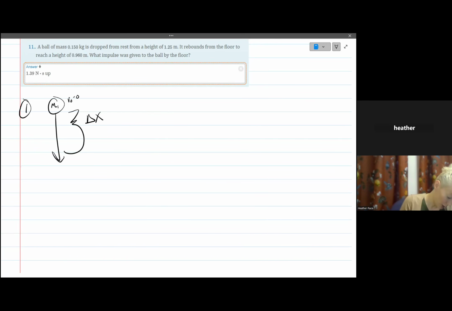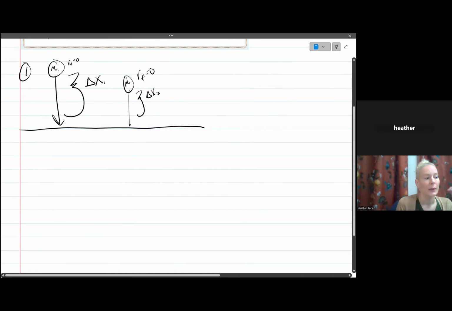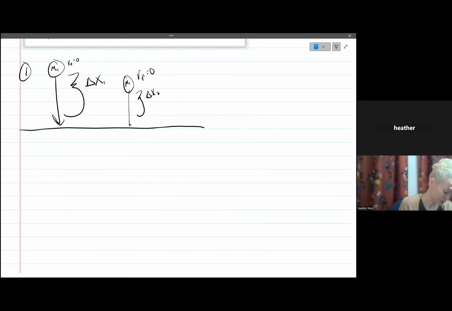So we have that, we have a ground, and then the ball bounces back up with a delta x. We'll call this 1 and 2. And we know that VF equals 0. The V naught equals 0, the VF equals 0 is very important because then we can take one of our variables out of our equations.